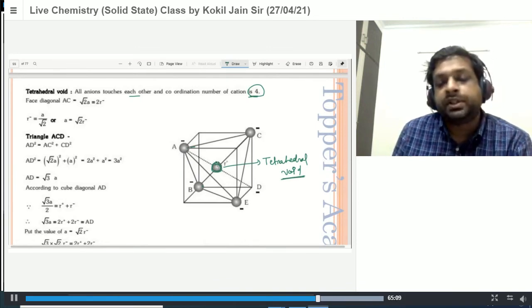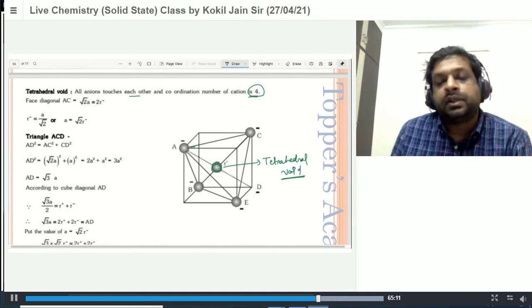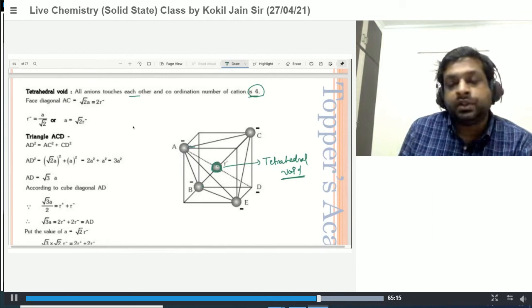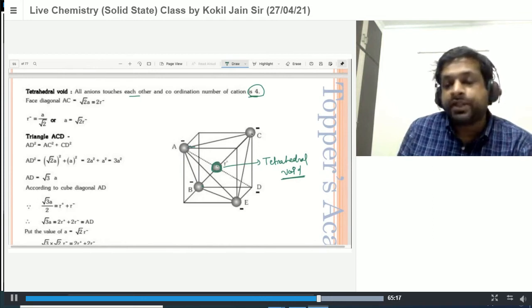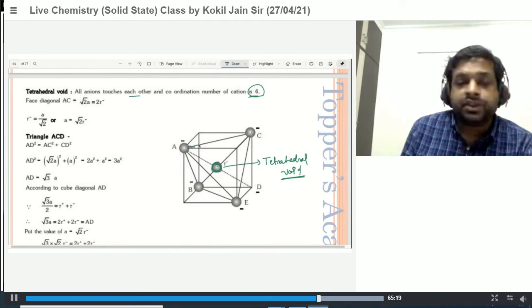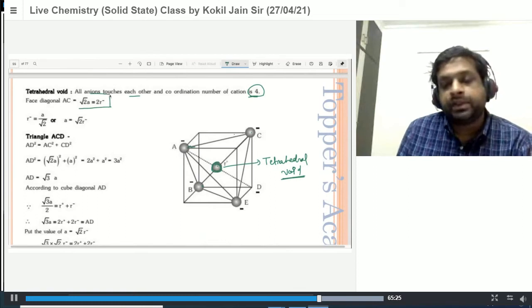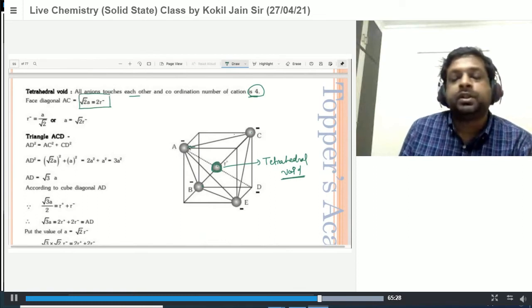Now see here in this arrangement, this total length, which is 2R minus, the ions are touching each other. This is 2R minus, this is equal to root 2 a, this length across the face triangle.